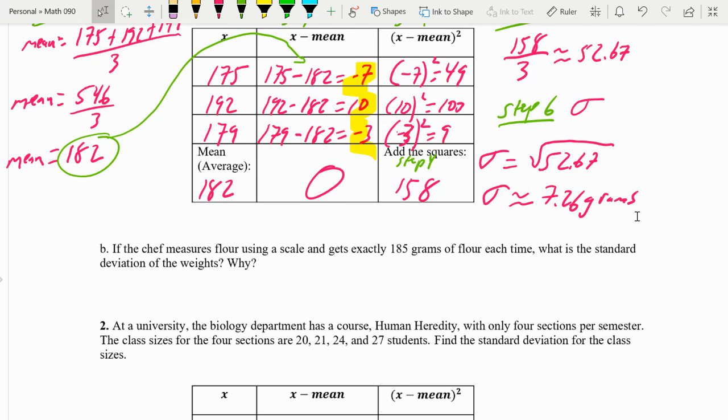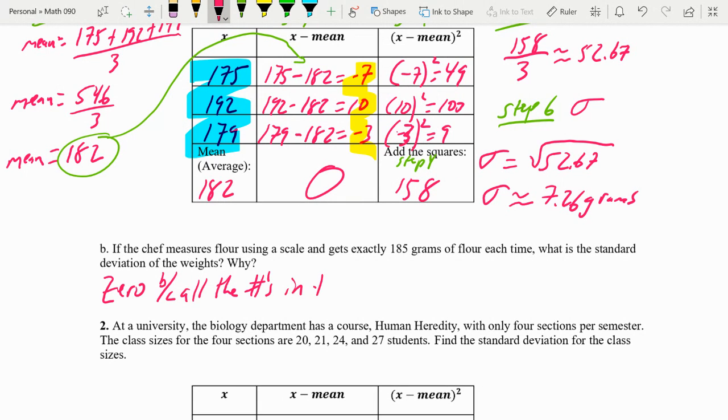Well, if all of these numbers here are exactly the same, our standard deviation would be 0, because all the numbers in the data set are the same.